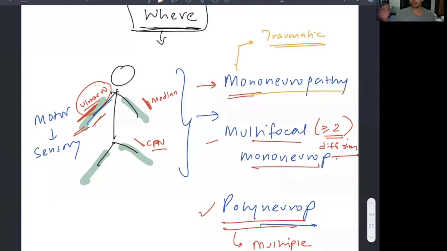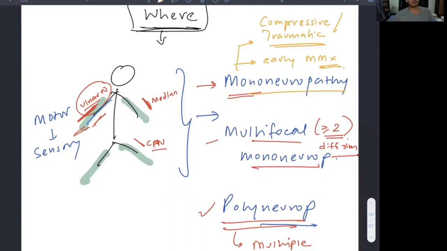You've heard of Saturday night palsy, in which the patient's arm is compressed against the back of the chair. So there is compression: a traumatic neuropathy or a compressive neuropathy. Or it could be an early mononeuritis multiplex.